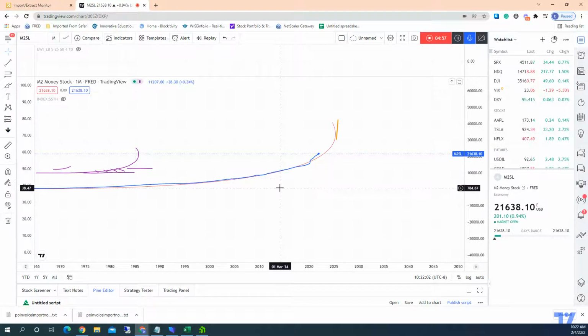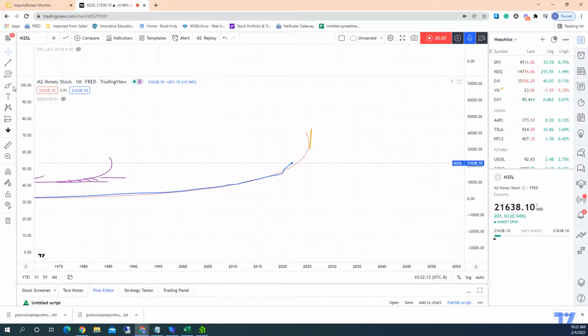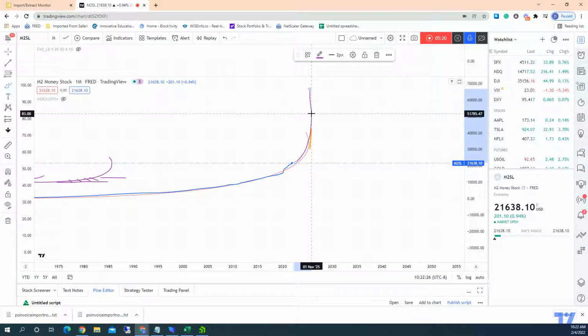It looks huge at that point, but when you really move forward in time, it looks like it's nothing, right? But that move looks something like this, right? And it just goes insane. So I think this is a very realistic hockey stick right here. And I mean, I wouldn't put it past the government.